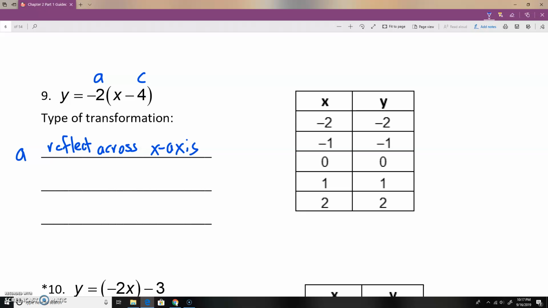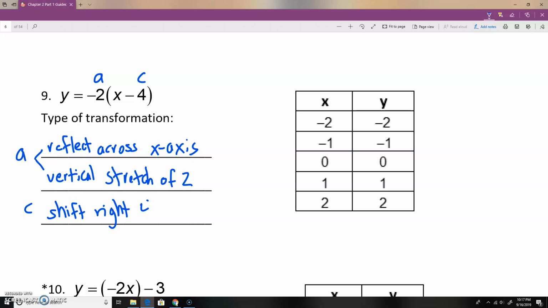And it's also going to be a vertical stretch because there's more than 1, of 2. And those are both because of the a value. Now the c value there, remember, shifts us right or left. It is negative. So it's going to be a shift right of 4.